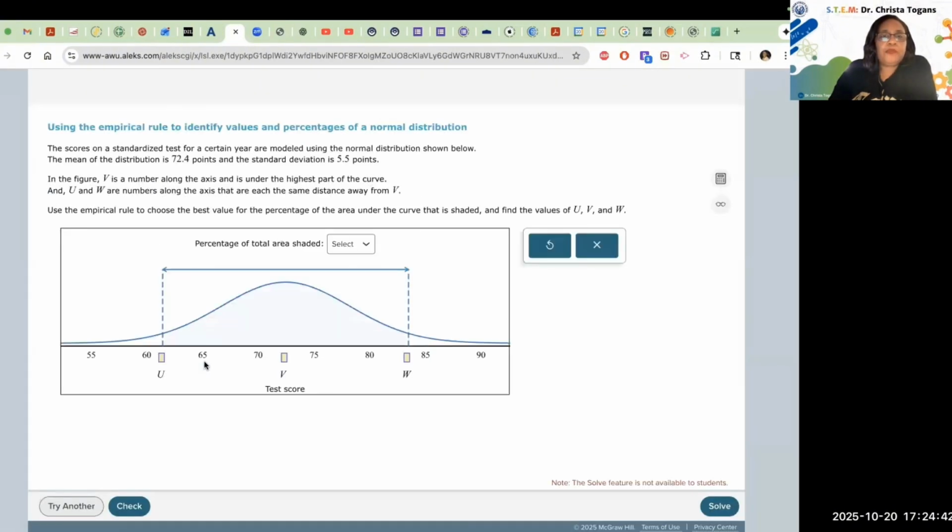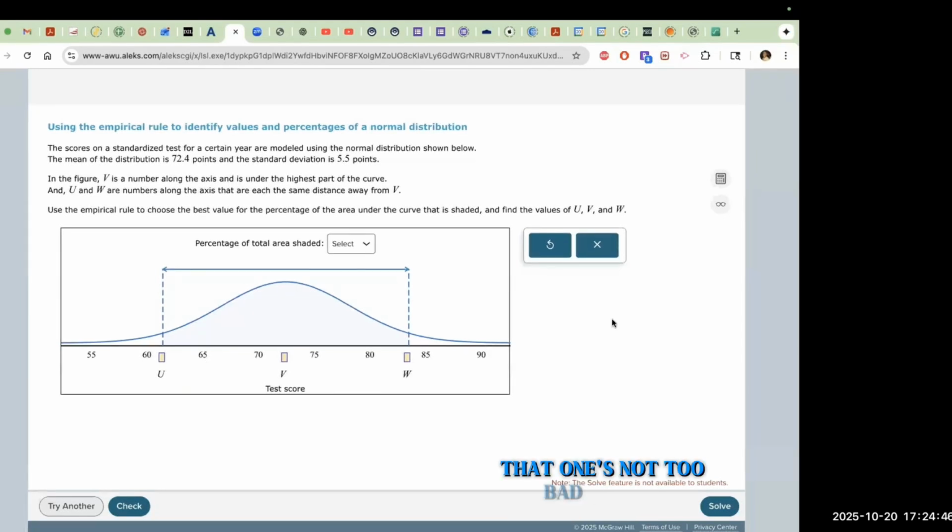Okay. Yeah, that one's not too bad though. If you get the concept, if you take 72.4 and then you plus and minus the 1, 2, and 3, and then you take that answer and subtract or times that 5.5, right?